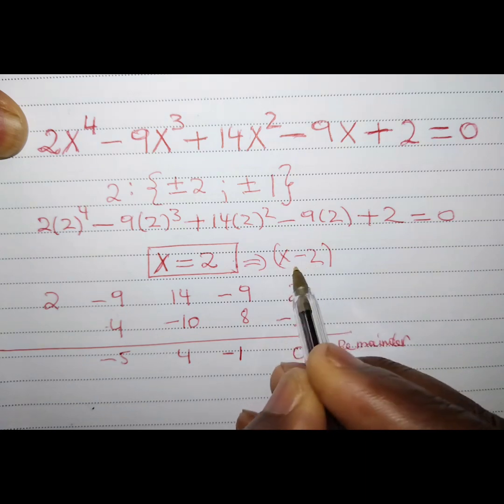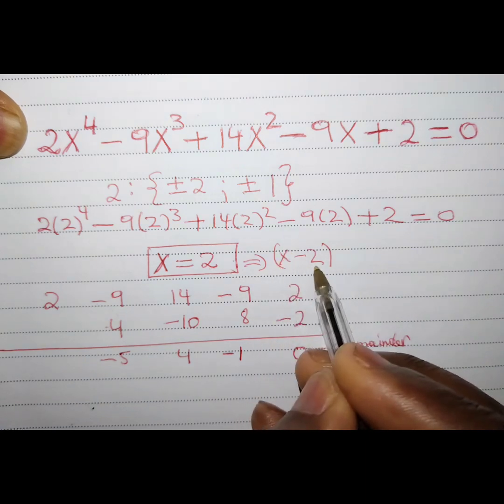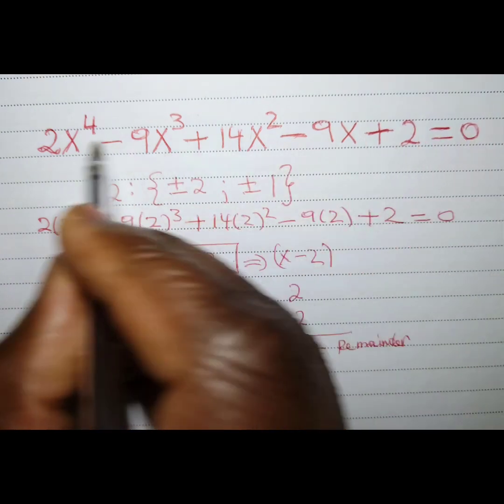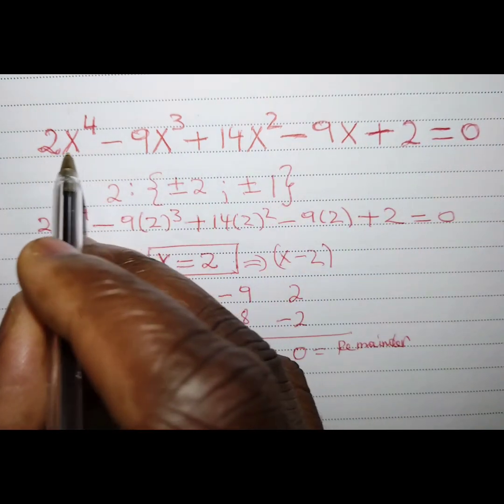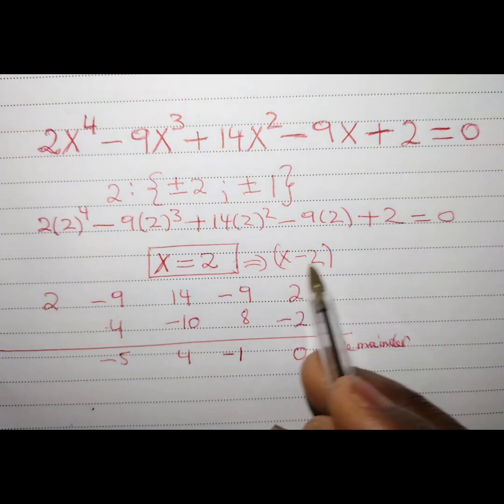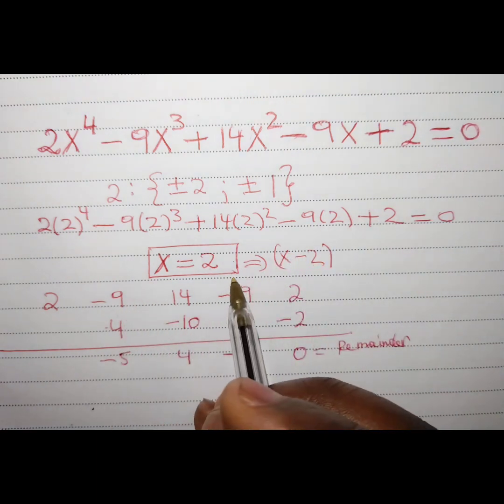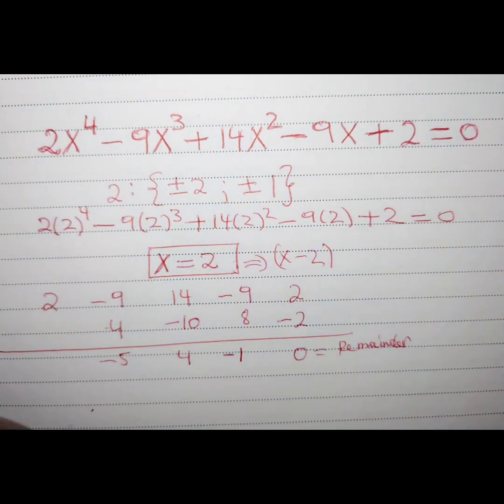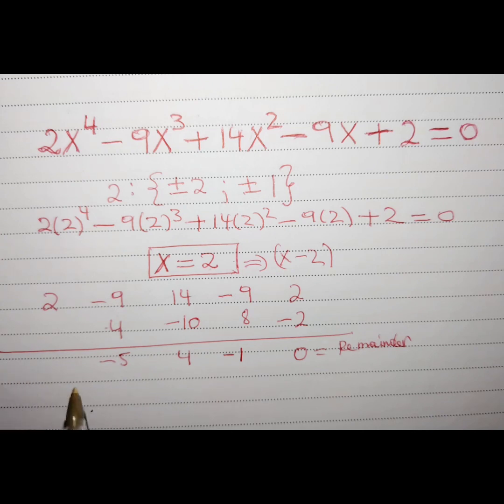So ladies and gentlemen, I'm going to use x minus 2 to divide the quartic equation there. Dividing the quartic equation by the binomial x minus 2, I'm going to find an equation that is lower than the quartic equation. It will be an equation where the highest power is 3.